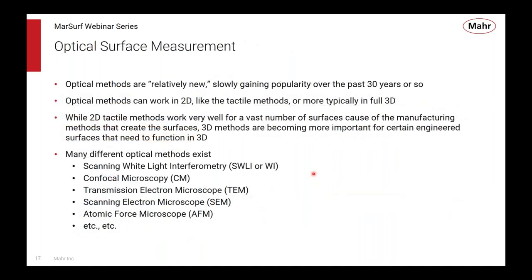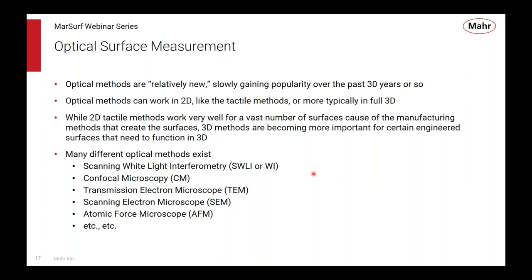And lastly, I'm going to shift gears and talk about optical surface measurement. Most people I talk to think optical methods are new, newfangled, fancy. Well, they're relatively new, but they've been developed and gaining popularity over the past 30 years or so.